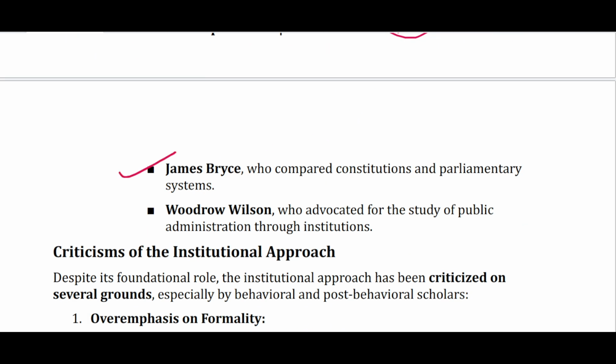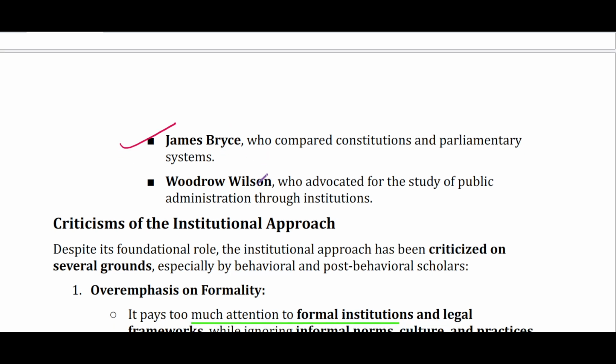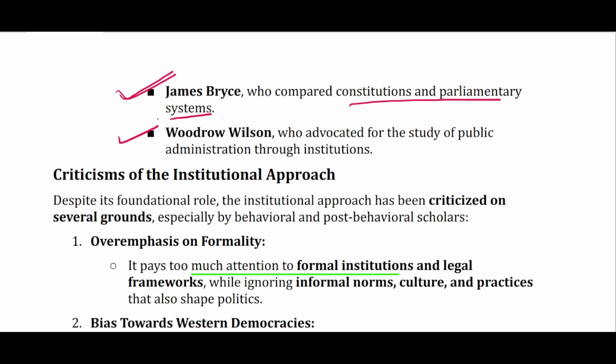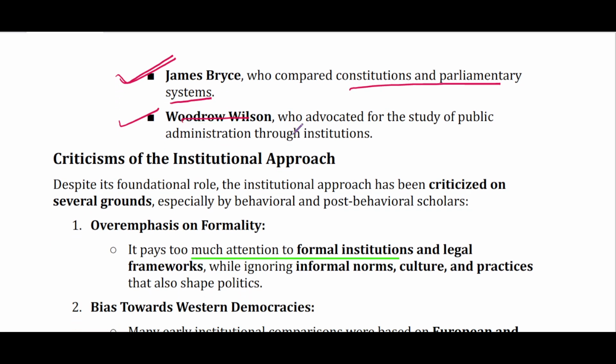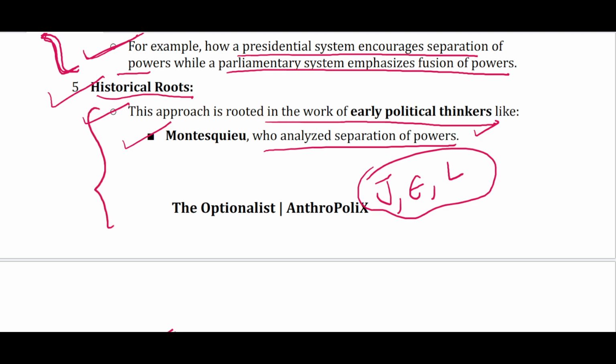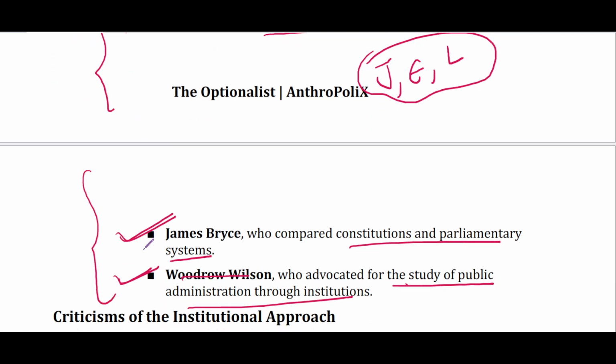Then the second such political thinker, James Bryce, compared constitutions and parliamentary systems and also influenced this approach. And then Woodrow Wilson advocated for the study of public administration through institutions. So all such traditional political giants shaped this approach.